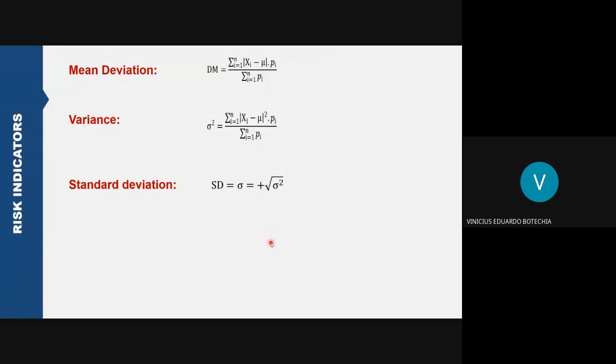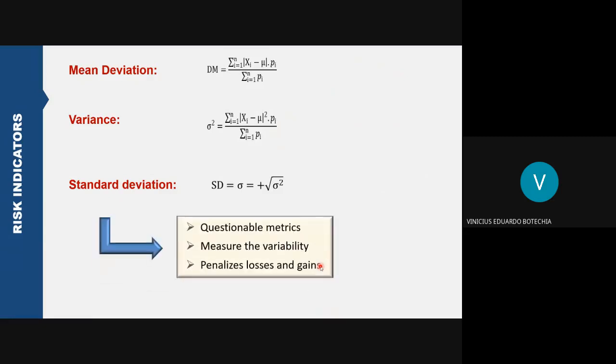So I have some classical risk indicators here. For instance, mean deviation, the variance, standard deviation, that are statistical indicators. Everyone knows about these indicators, but among these classical measurements, the standard deviation is the most common. These are cash flow metrics, not only in petroleum fields, but in the stock markets and in economics. They were already questioned because they measure the variability, right? They do not measure the risk itself.